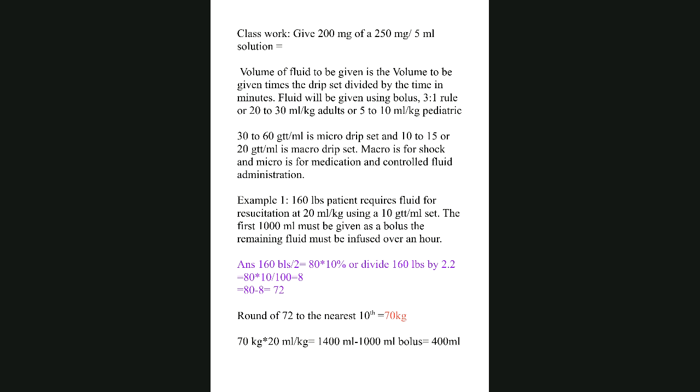So for the fluid, I get 1,260 mils. I told you that you need to round off to the nearest tenth. You didn't round off, right? Yes. It's not 1,200, it's 1,200 mils. Don't leave that off.